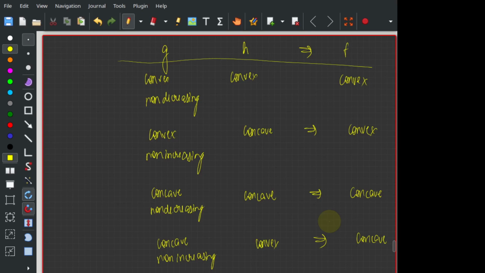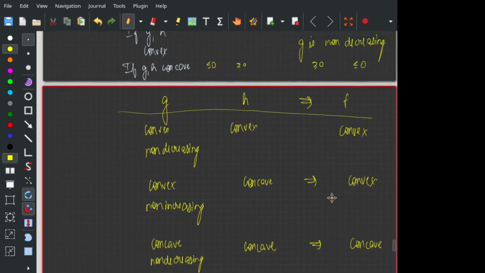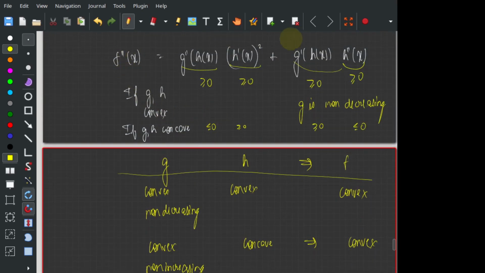Again, you don't have to memorize this, but it's pretty easy to derive these just by expanding the second derivative and checking which term should be positive, which term should be negative, for the overall term to be either positive or negative.